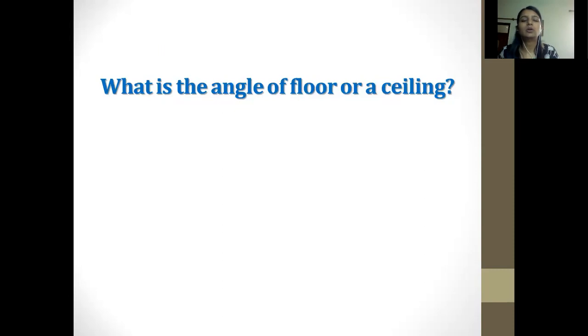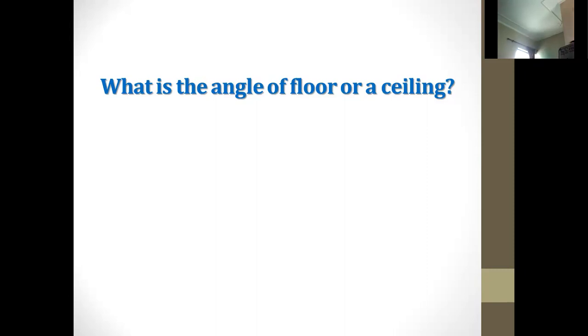So what is the angle of a floor or a ceiling? If I ask you to compare that, what would be the angle for this ceiling? If I ask you for this angle, this with this, comparing these two white lines, this is a ceiling.